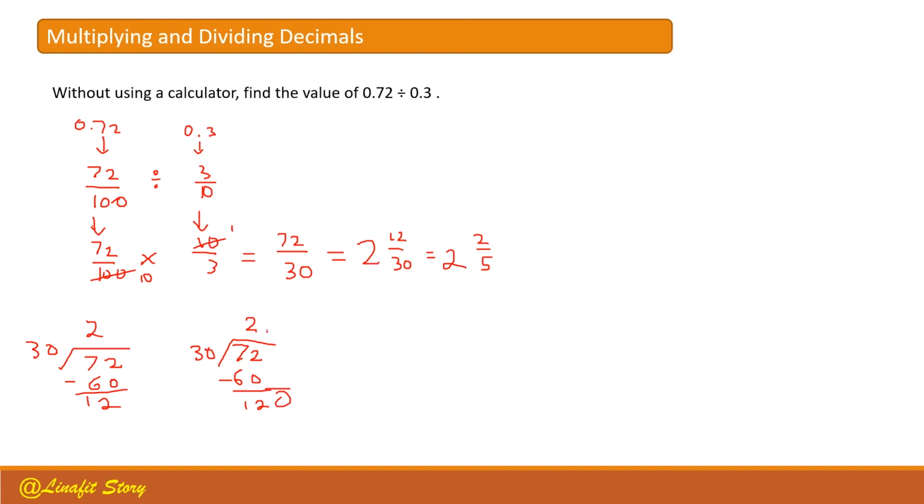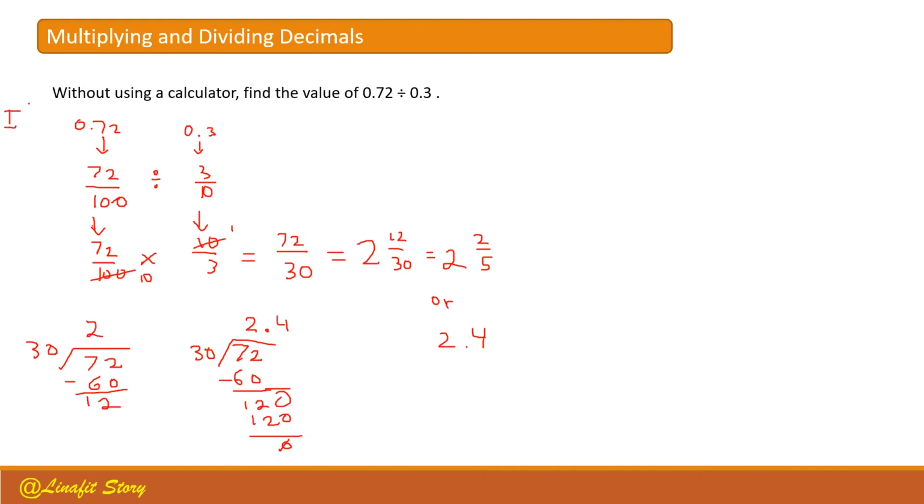Then put the decimal point here. So 30 times 4 is 120. So the answer is 2 out of 5 or 2.4. So this is the first method.